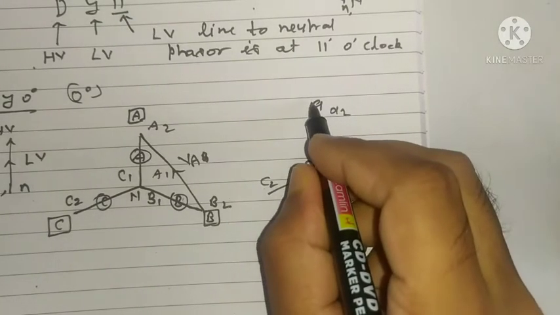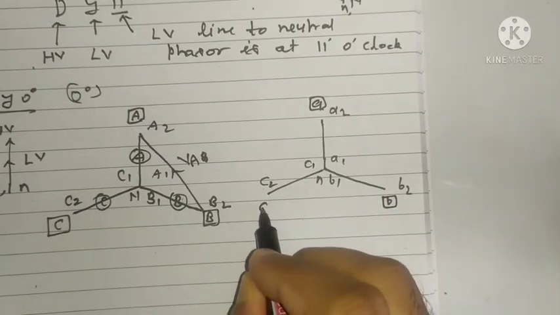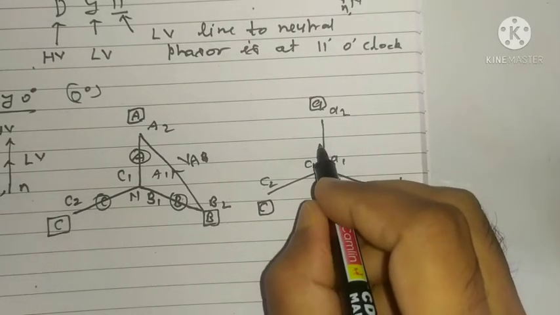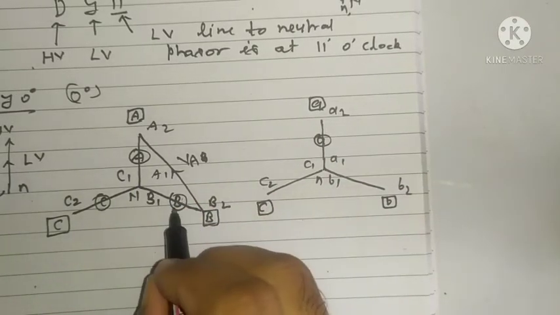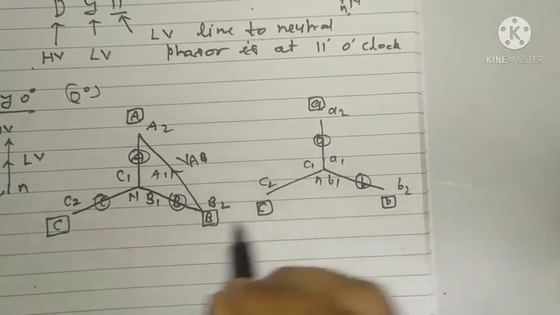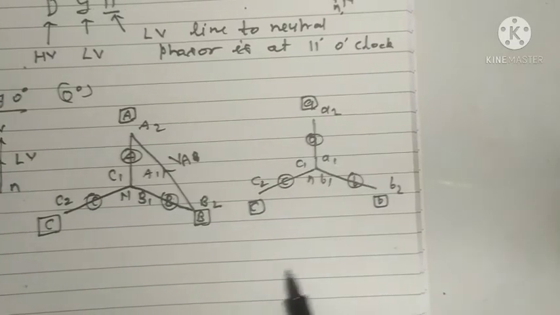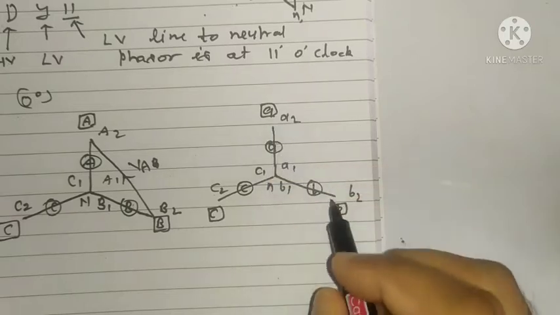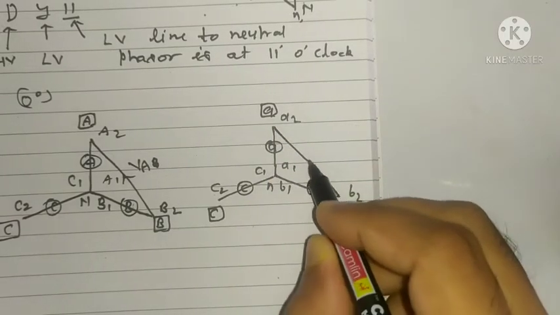This is terminal A, this is terminal B, and this is terminal C, and this A arm is in parallel with A arm of HV. B arm is this one which is parallel with B arm of HV, and this is C arm. So we have two terminals A and B, and voltage between them will be line voltage VAB.